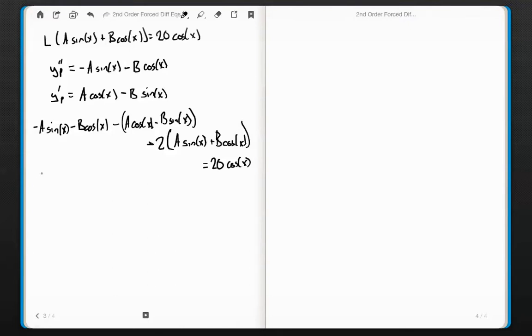Okay, so it's negative 3a sine of x. Okay, let's do b sines. Minus, okay, minus a minus, so it's a plus b sine of x, that's it. And then let's do a cosines.